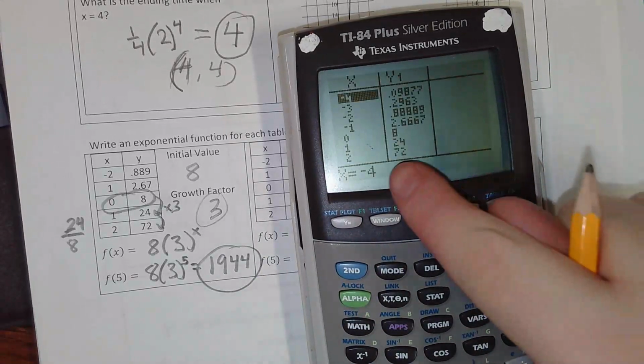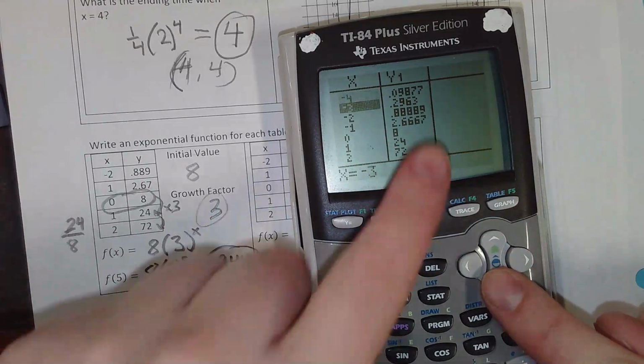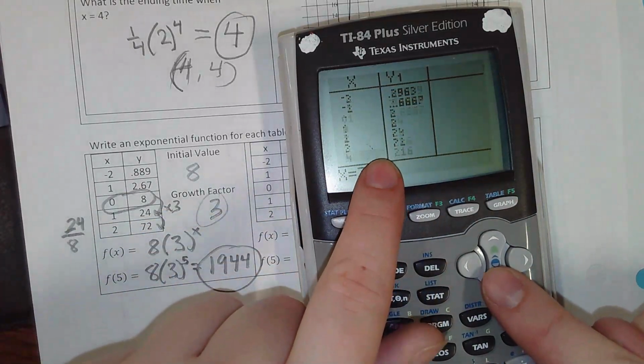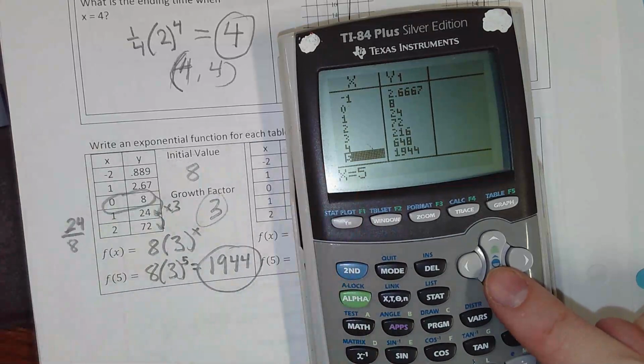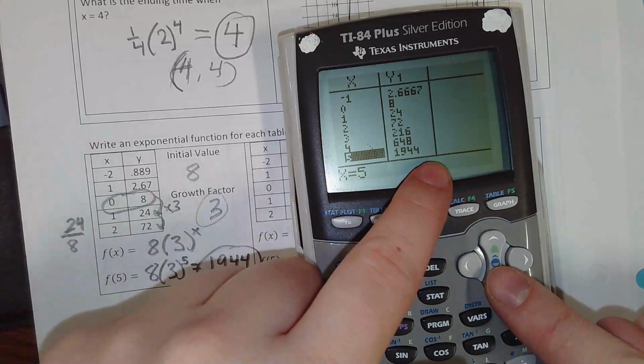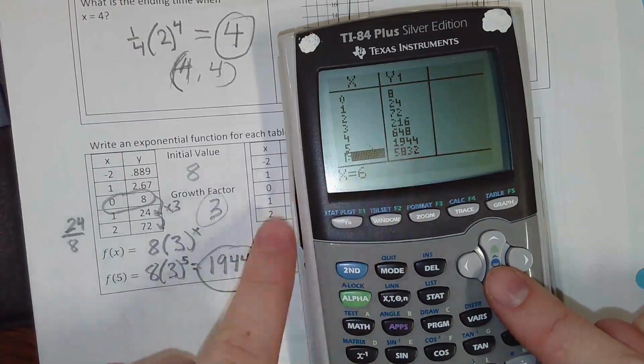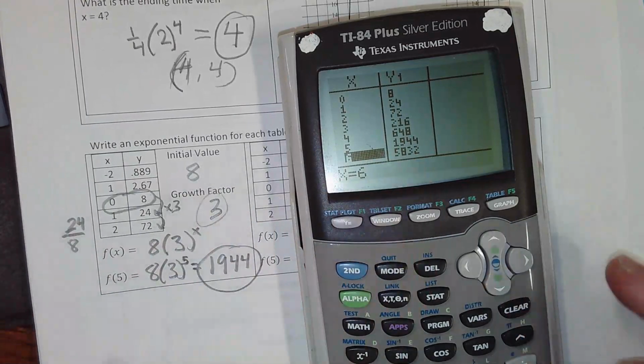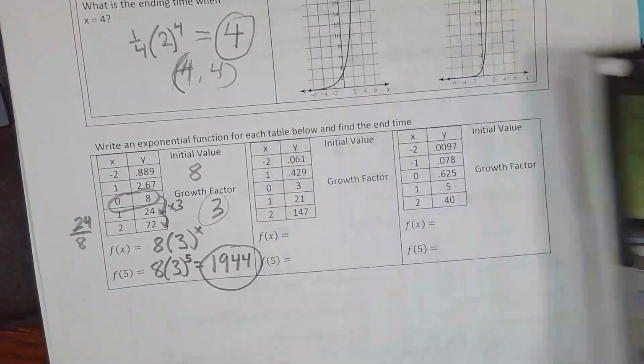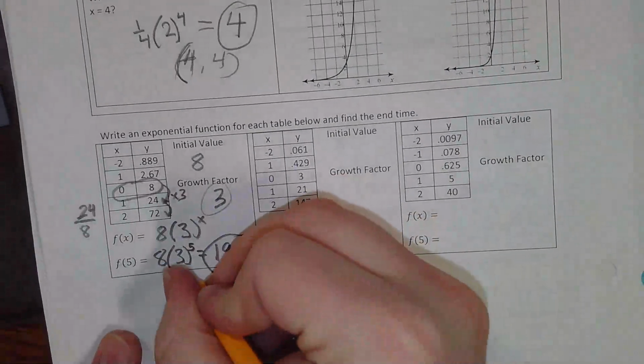Table. And see that these numbers match perfectly with our table. Actually gives us the fifth number as well, 1944, as our answer. So these answers are perfect.